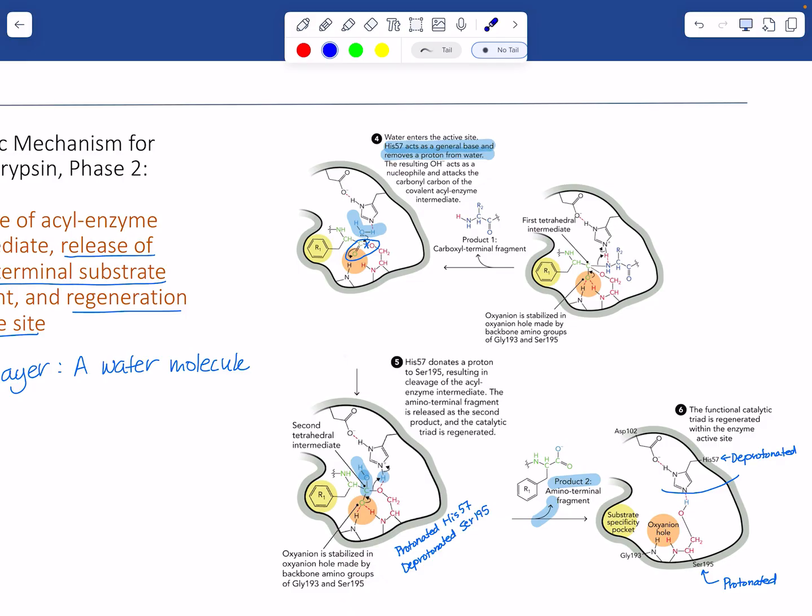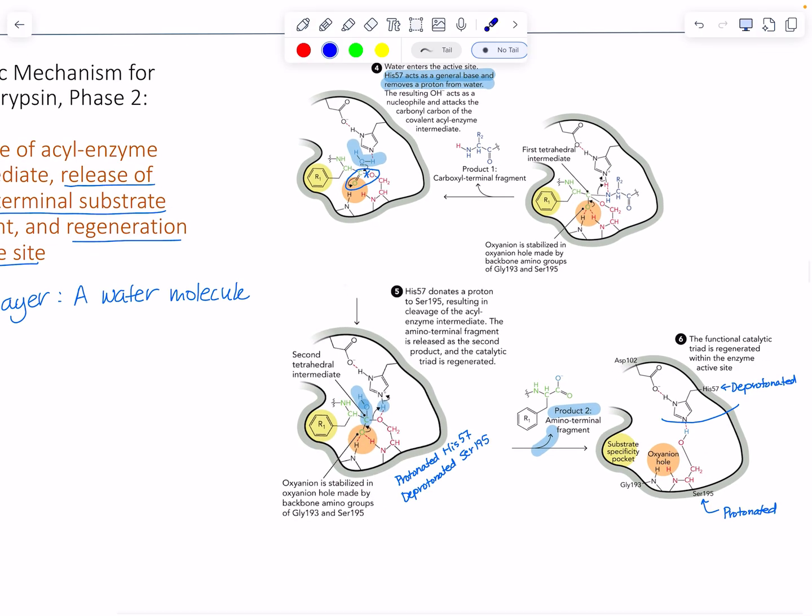So what we can do, if we want to investigate, we've done crystallography, we know the structure of this thing, we know that there's enough space for a water molecule to enter.